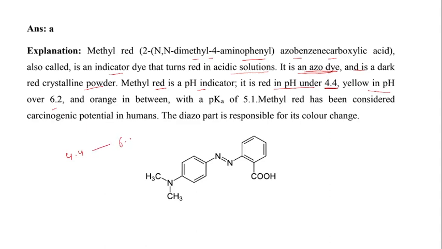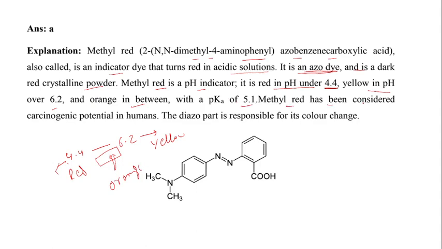So if it is higher than 6.2, it will give yellow color, and at pH 4.4 it will give red color, and orange in between. So from here to here, it will give orange, with a pKa of 5.5.